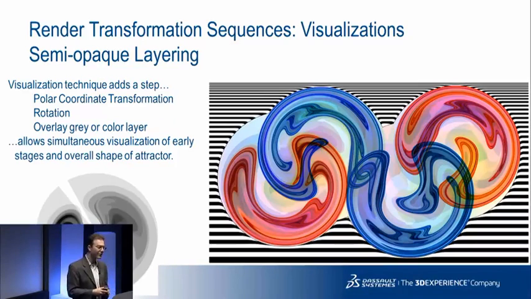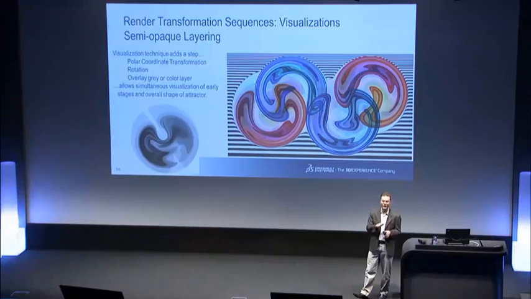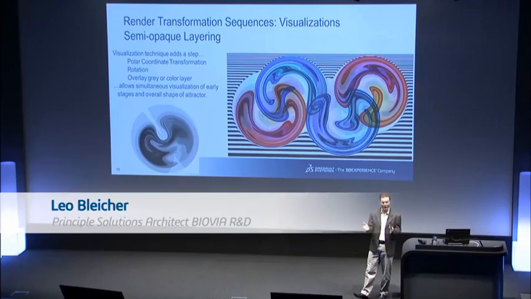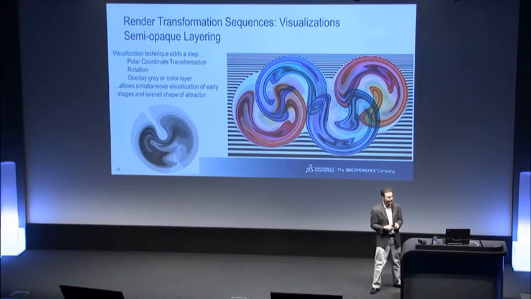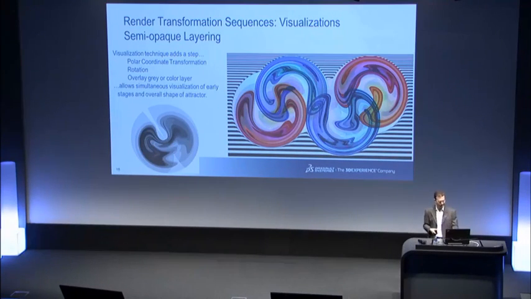And then in the lower left, you can see another way of visualizing this same operation, where instead of adding a set of lines each time, we're adding a translucent gray overlay so that wherever the function moves the gray points towards becomes darker and darker on successive applications of the process. So the attractor now is the black area, and you can see the various steps in shades of gray.